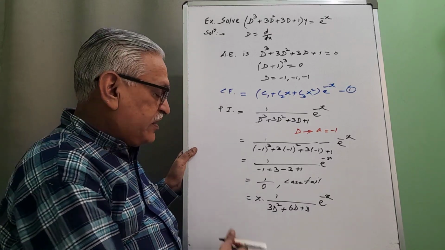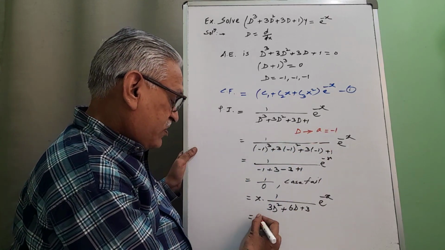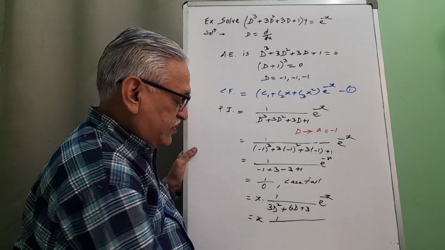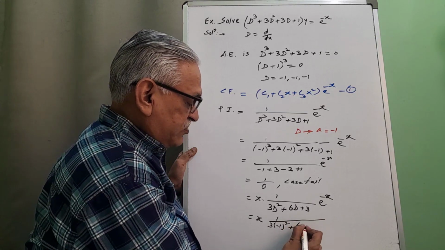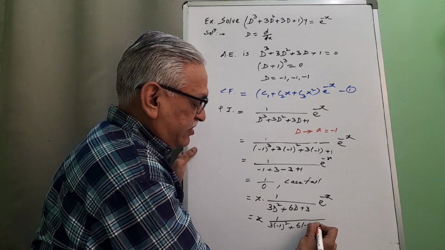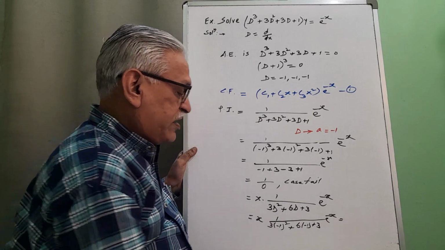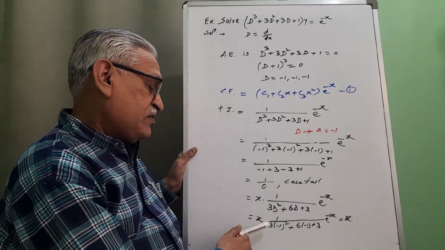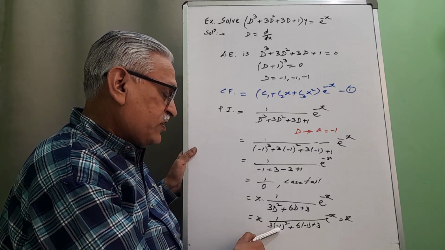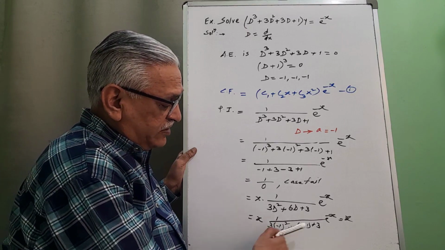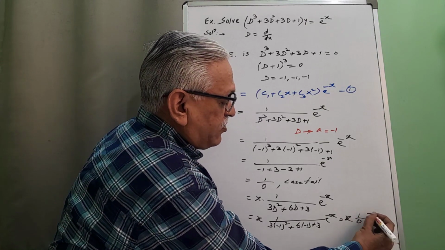Again replacing D by -1, we have x · 1/(3(-1)² + 6(-1) + 3) operated on e^(-x). That is 3 - 6 + 3, which gives 0, therefore 1 by 0 operated on e^(-x).